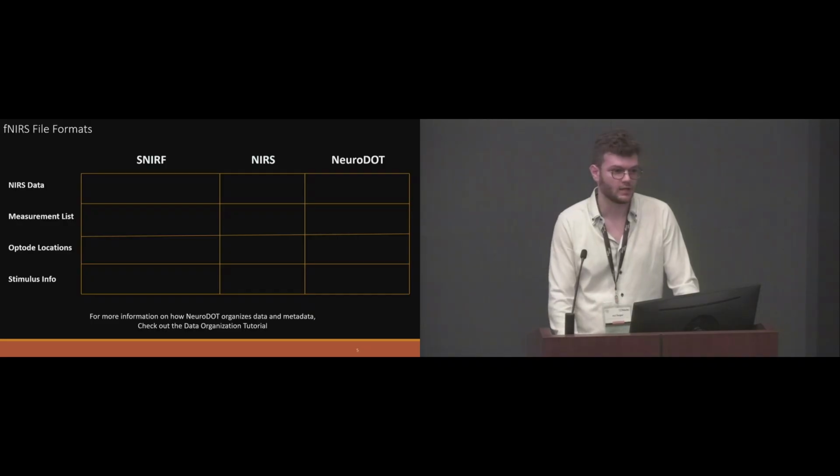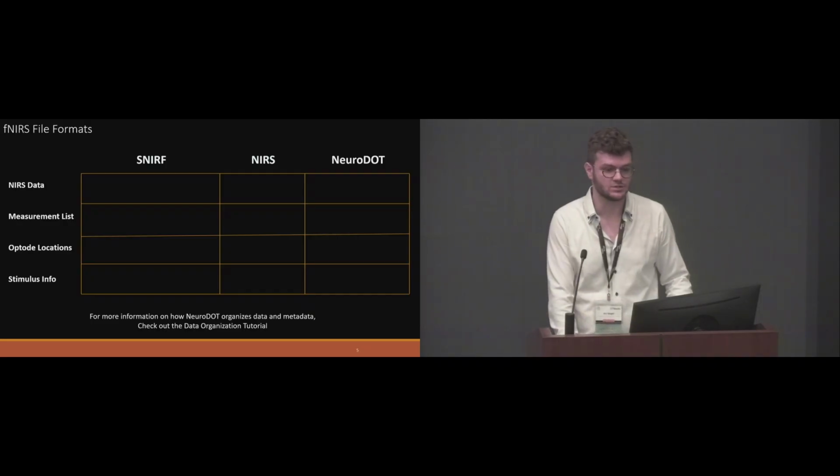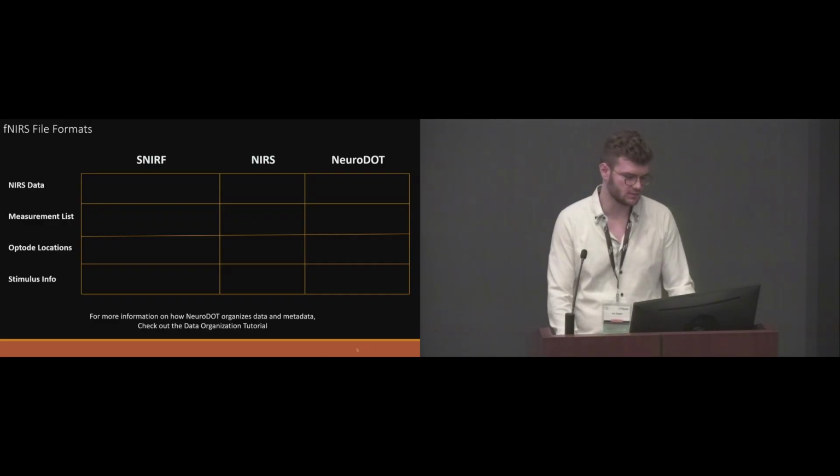On top of that, there are some commonly used data types from these systems. The main three that I'm going to highlight today are SNIRF, which is the most commonly used, NIRS, and then the NeuroDOT format as well, which you will be using today. I've highlighted four main types of fields within these structures where you can find your data.